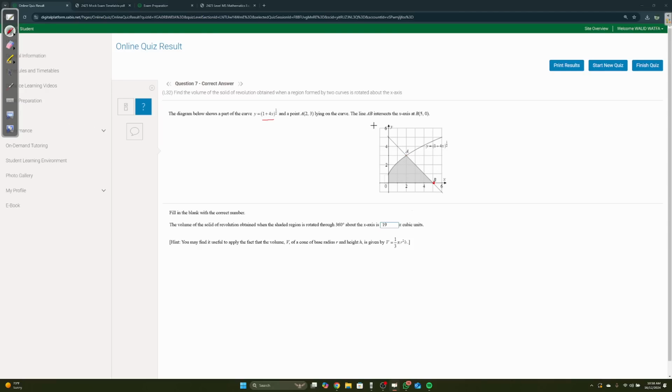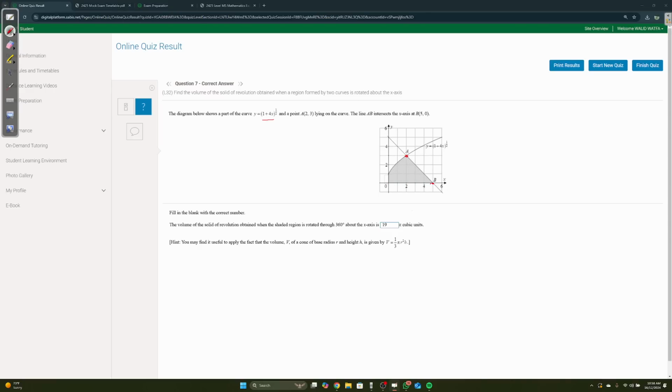You use the washer method when the area enclosed is by two curves, this curve and this curve. But here, if you look at the area, here first it's one curve and the x-axis. Here in this area, one curve and the x-axis. It pissed me off because I felt bad that people were getting it wrong.